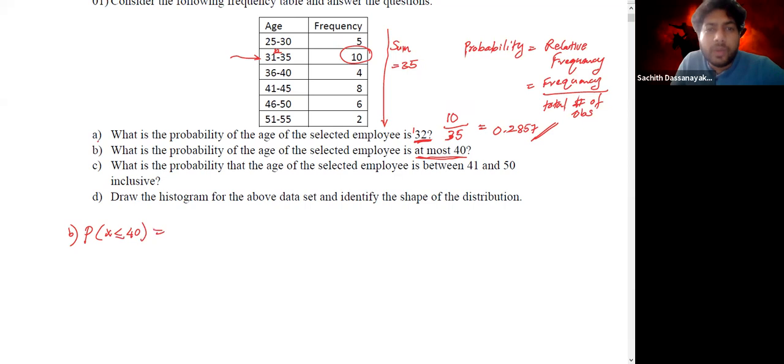So you have to calculate whatever is from here to here, because 40 is included. The sum is 5 plus 10 plus 4 divided by the total number of observations, 35. It doesn't change. So this is going to be 19 over 35, and the answer is 0.5429.